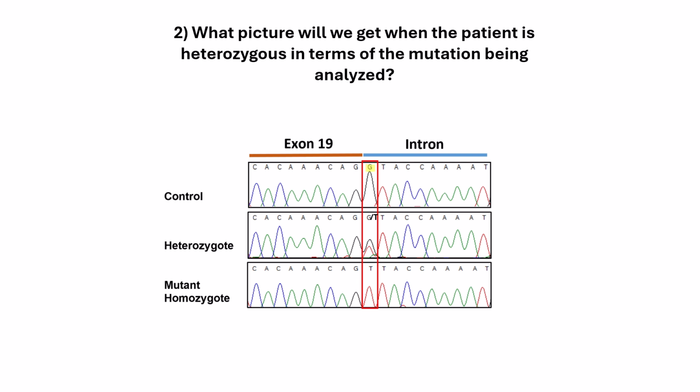If the patient is homozygous and has the mutation, we see the signal from thymine in this position, whereas if the patient is heterozygous and has two alleles, one with guanine, one with thymine, we can see two signals in this position, because we have the signal from guanine and the signal from thymine, so two colors at the particular position and two peaks can be observed.